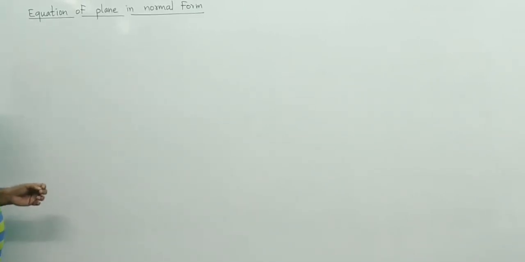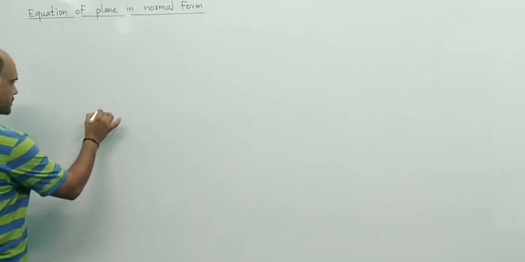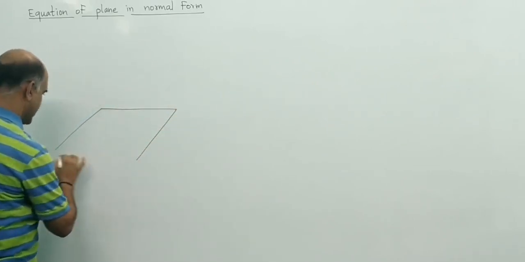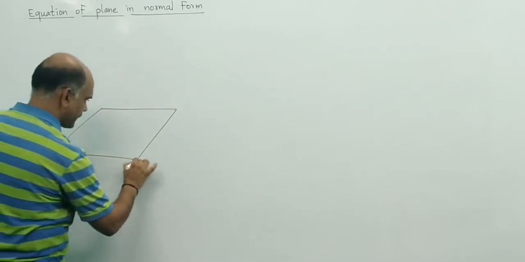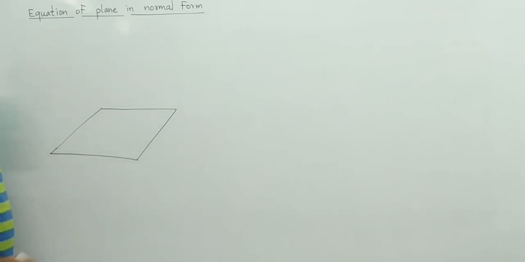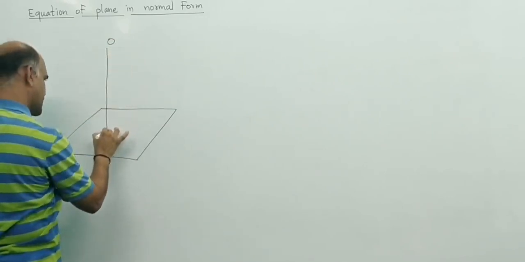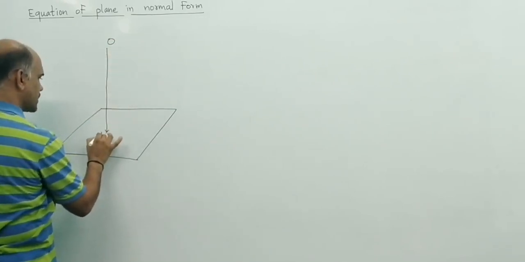So next one, students, equation of a plane in normal form. So first I will take a plane. Let its perpendicular distance from origin be equal to d.